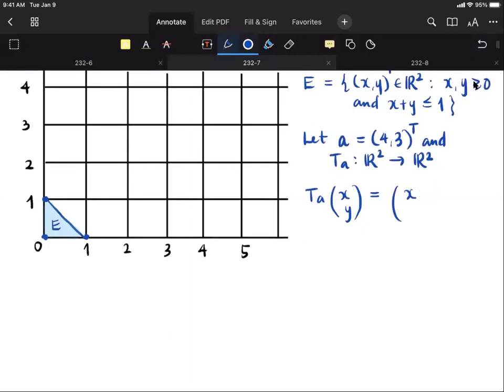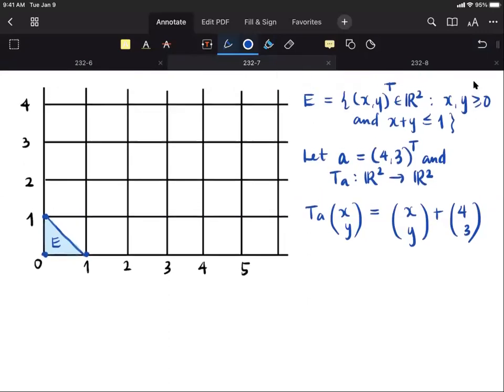So that would be a translation. Okay, so with this, let's look at the image of the set E under the map T sub a.